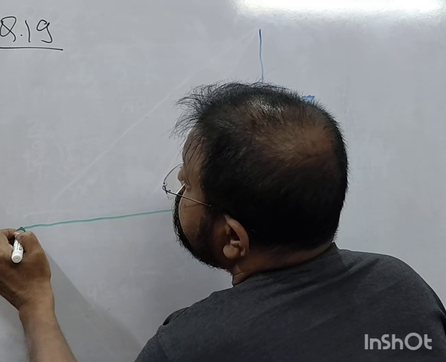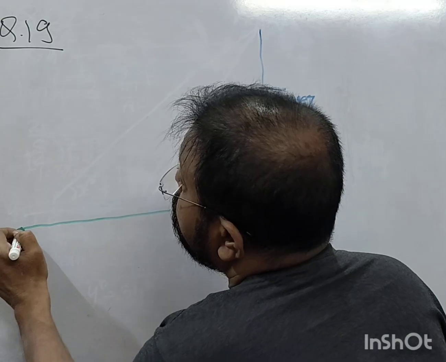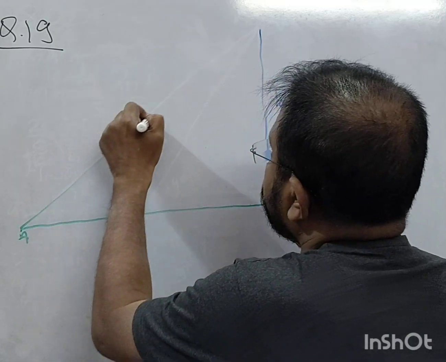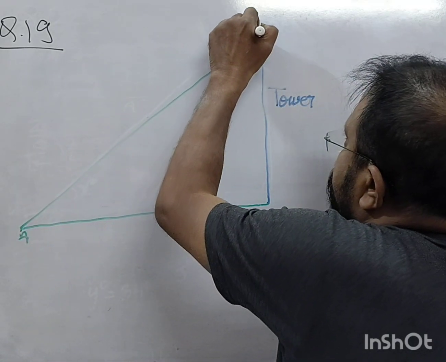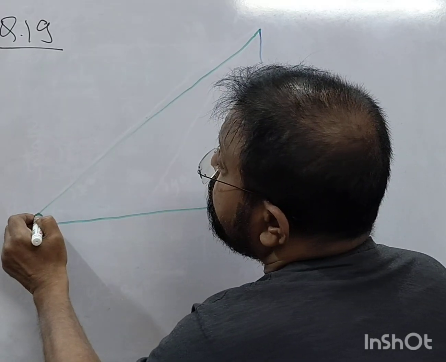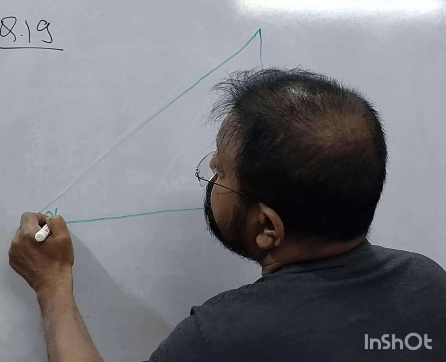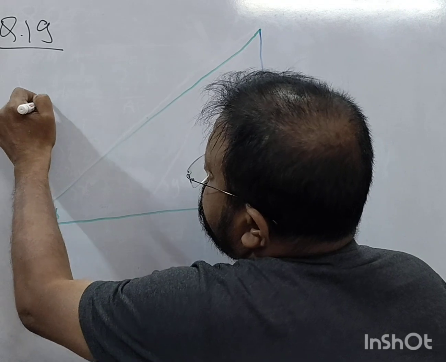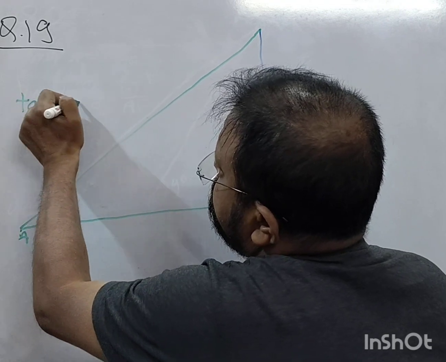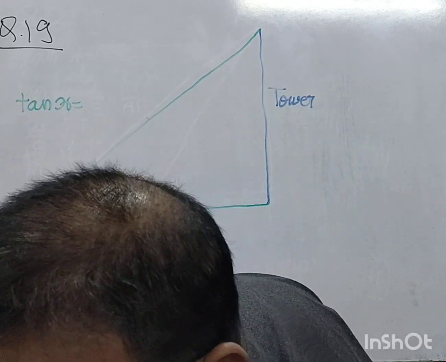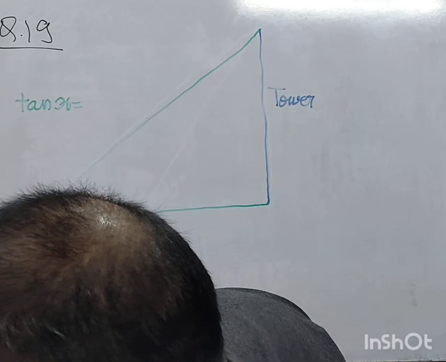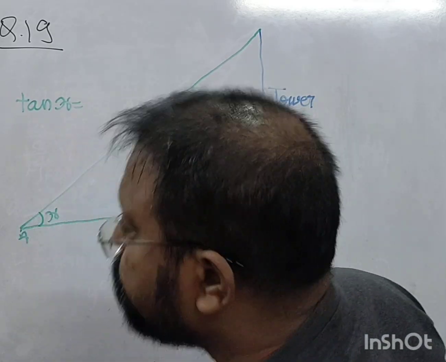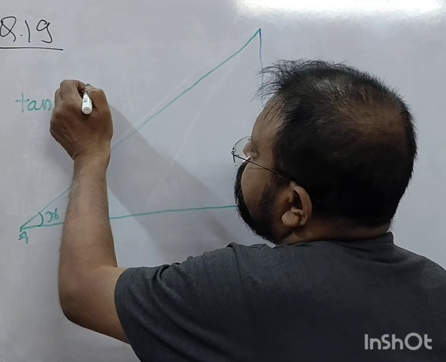And this is point A. From here, when you take, this is say angle X, so tan x is equal to 5 by 12.